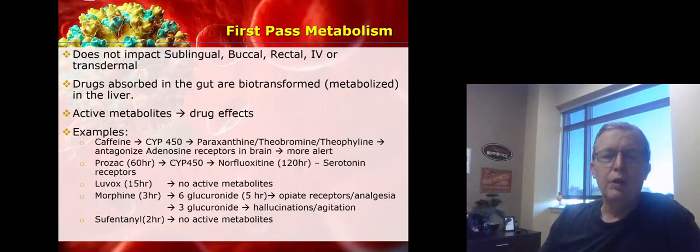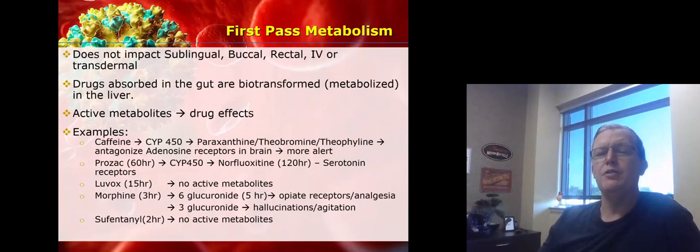There are several routes, ways we can bypass first pass metabolism, because sometimes people have liver issues, or we need the drug to be active in a form that's not bioconverted or biotransformed by the liver. So things like sublingual, buccal (buccal being in the cheeks, sublingual under the tongue), rectal, IV, and transdermal.